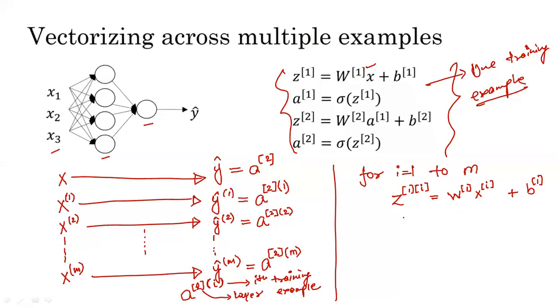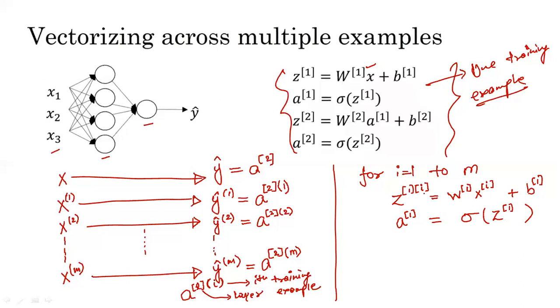Now I want to write a1. Firstly, writing the same equation, a1 equals the sigmoid function, and inside the sigmoid function I need to pass the value of z1.